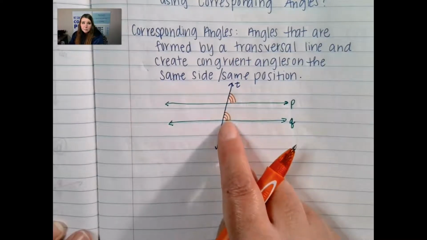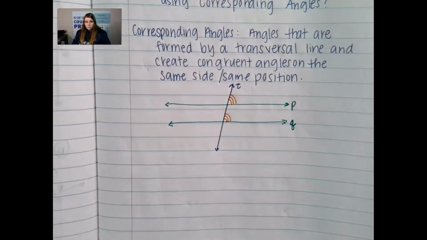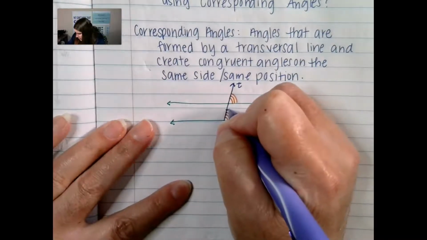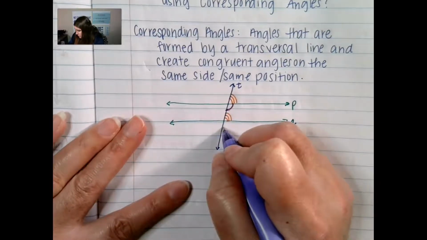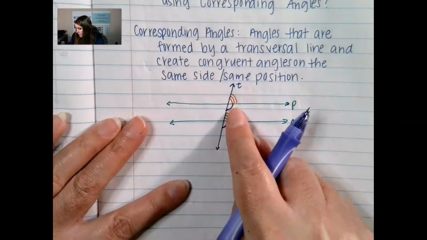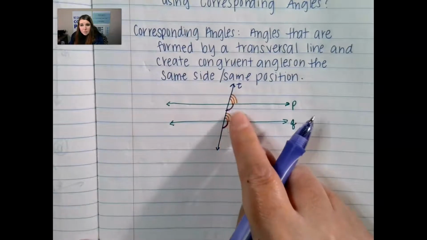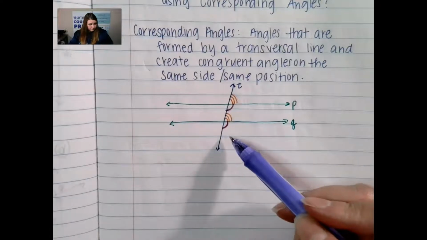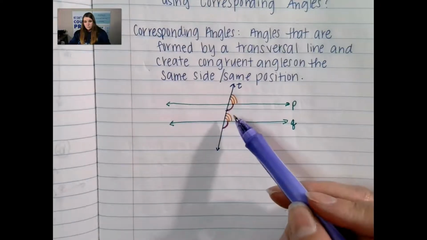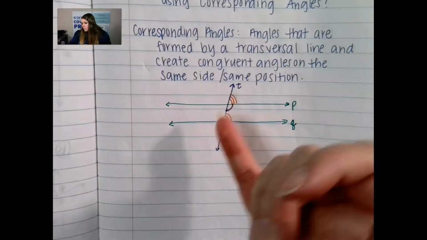Same side, same position. Okay, another one that we would have would be this angle, which corresponds to this angle here. Bottom right on the right-hand side. So both of those two angles have the exact same measure, in purple. Okay, now when we're looking at the other side, those will also have the same measure.